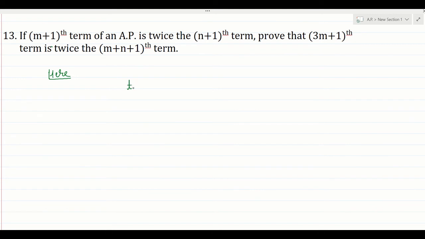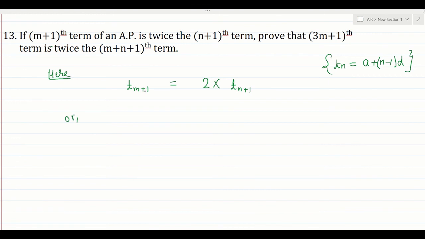So T m plus 1 is twice, means 2 into T n plus 1. And we have a formula for Tn. Tn is equal to A plus n minus 1 D. Okay, let's use this formula.